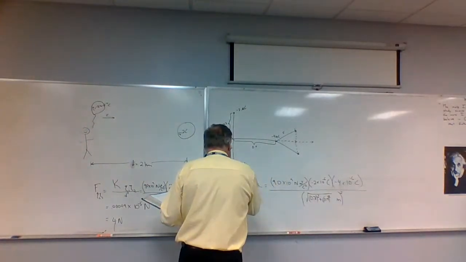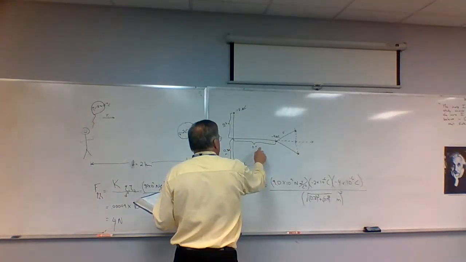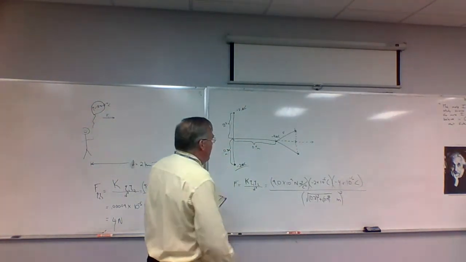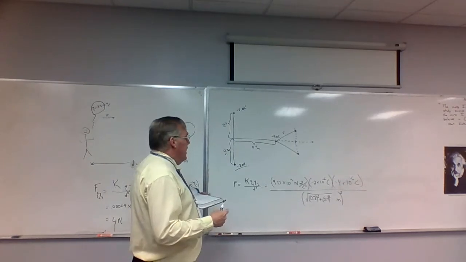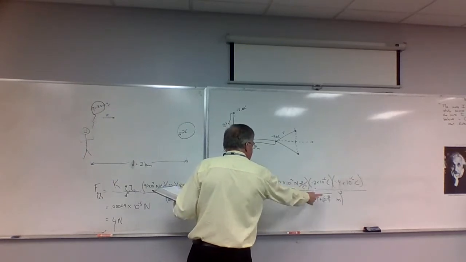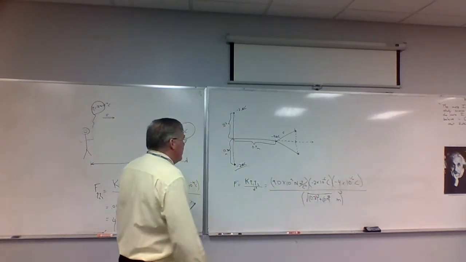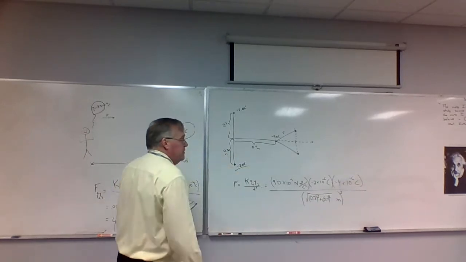All right, and we have to assume that this is meters. We can't assume it's kilometers, now that I think about it, because if it were anything other than meters, then that would not allow us to cancel these meters squared. So it is pertinent that these are 0.3 meters and 0.4 meters.